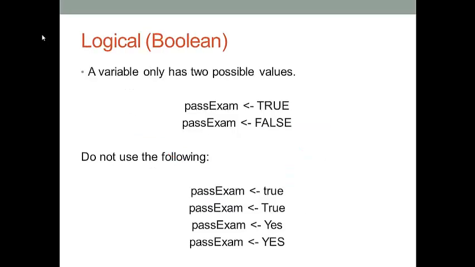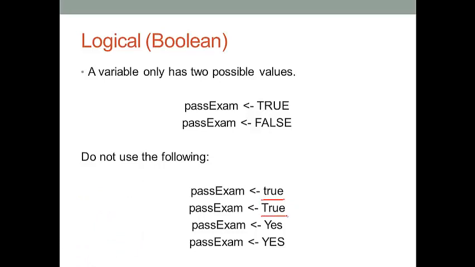There is a third type of variables we use frequently in R. They are called logical variables or Boolean variables. A logical variable can only have two possible values, either TRUE or FALSE. Notice that every letter in TRUE or FALSE must be in uppercase. We cannot use lowercase true or false as a value for a logical variable.